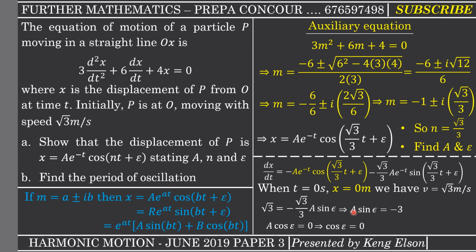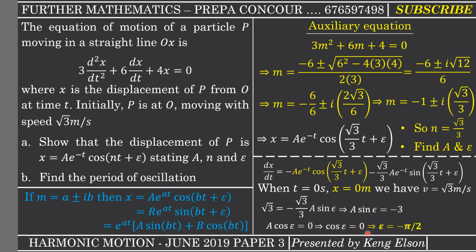So if a is positive, then the sign of epsilon has to be negative. So if cos epsilon is 0, epsilon will be chosen as negative pi over 2.